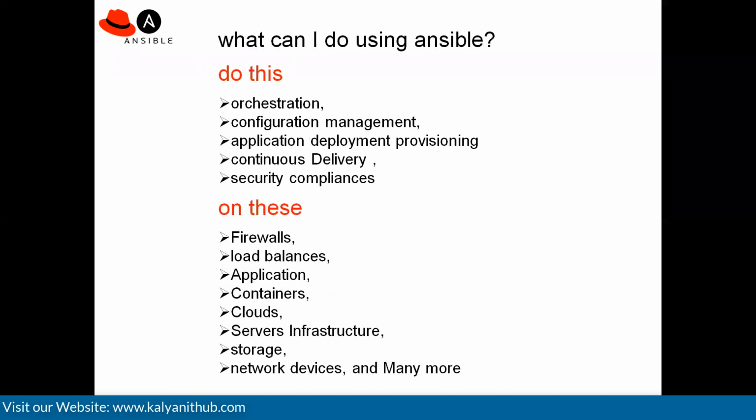Now let's go into the next thing. What can I do using Ansible here? You can do orchestration as we discussed just now. You can do configuration management, application deployment, provisioning, CI/CD, security compliance. You can do all these things on firewalls, load balancers, your applications, containers, cloud, everywhere.